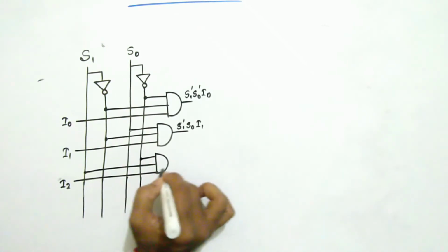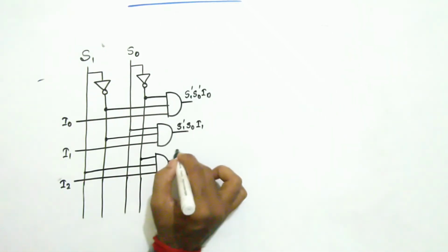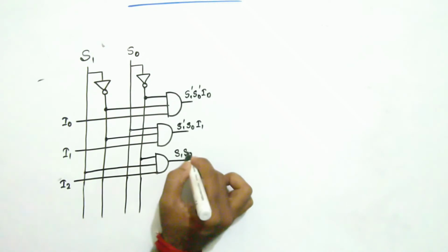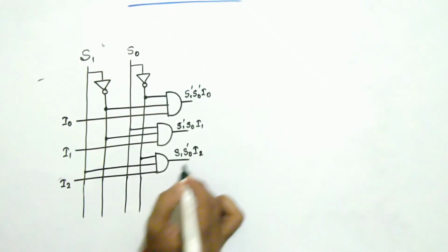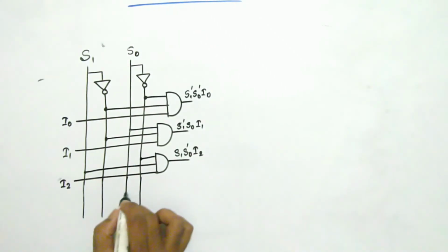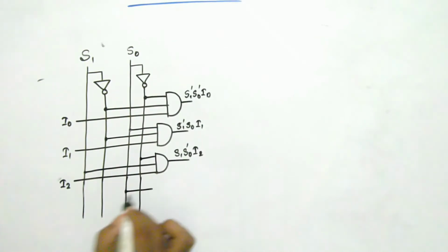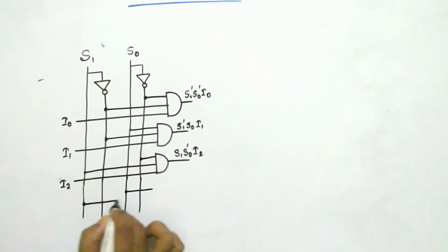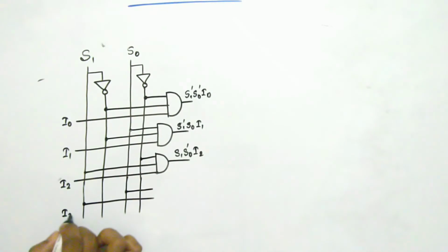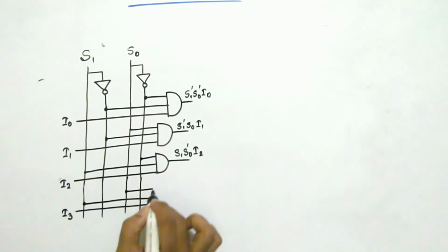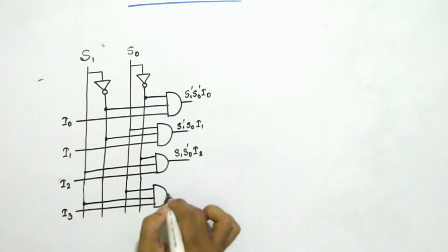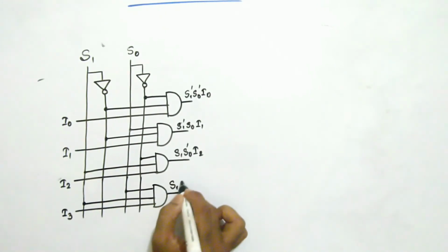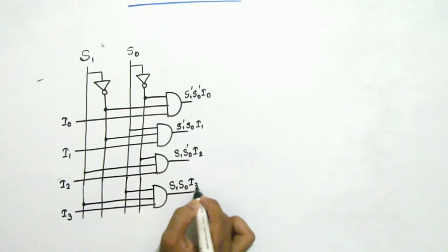Again this will be fed into another AND gate which produces S1 S0 complement I2. And at last we have S1 S0 and I3. So the last AND gate has the output S1 S0 I3.